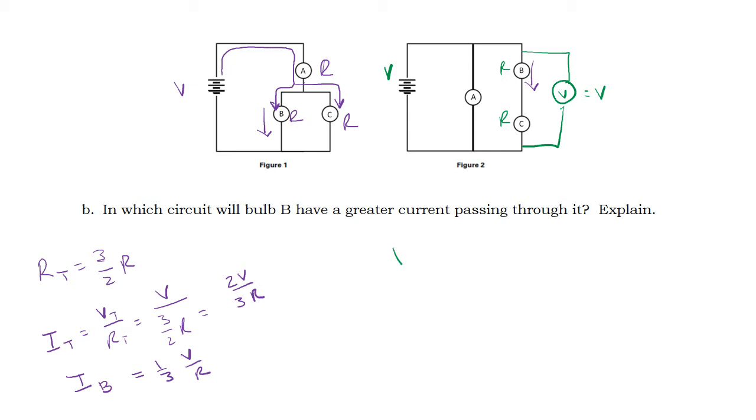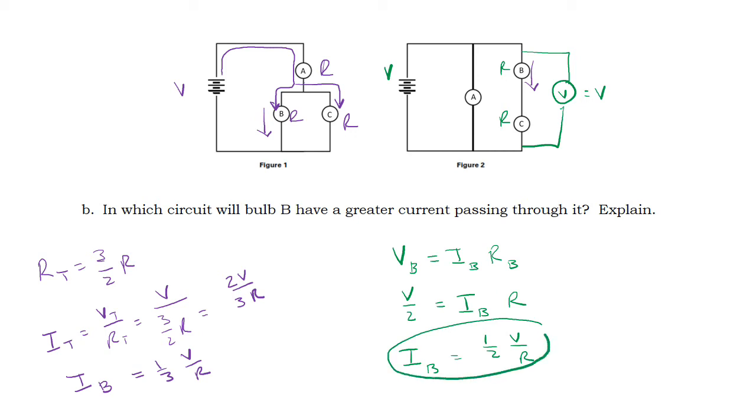So I know that if I do V_B equals I_B R_B, the voltage drop across B is V over 2. I'm looking for the current through B, and the resistance of B is R. And so the current through B is 1/2 V divided by R. You can see that is a greater current than going through bulb B in configuration number 1.